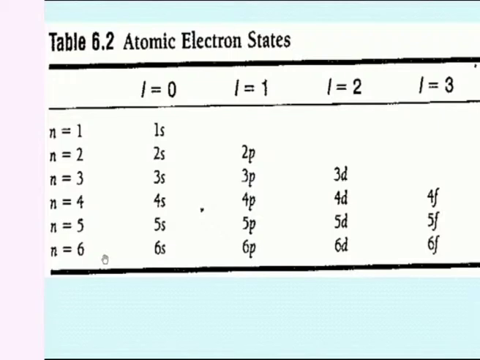This peculiar code originated in the empirical classification of spectra into series called sharp, principal, diffuse and fundamental, which occurred before the theory of the atom was developed. Thus, an s state is one with no angular momentum, a p state has angular momentum, and so on.